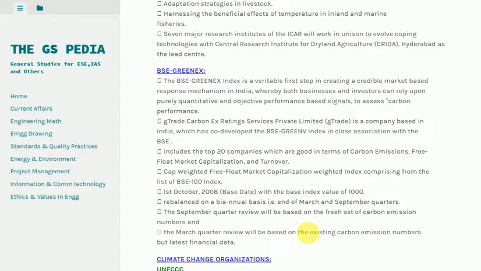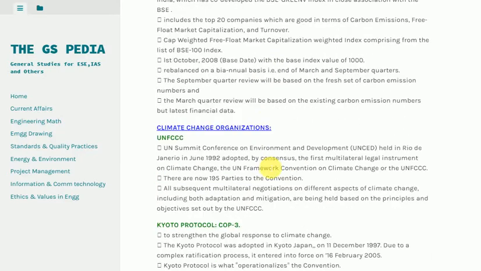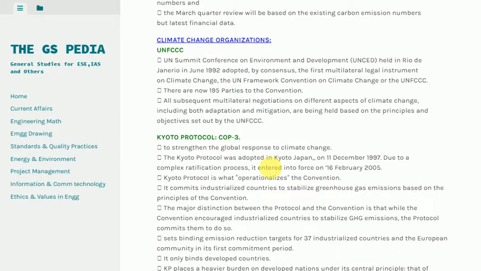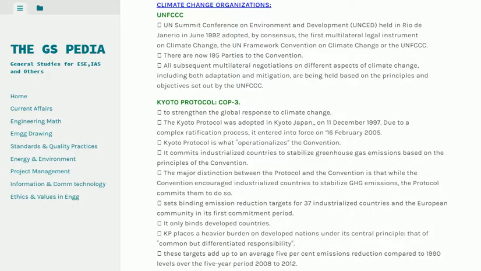Kyoto Protocol, COP3. To strengthen the global response to climate change, the Kyoto Protocol was adopted in Kyoto, Japan, on the 11th of December 1997. Due to a complex ratification process, it entered into force on the 16th of February 2005.